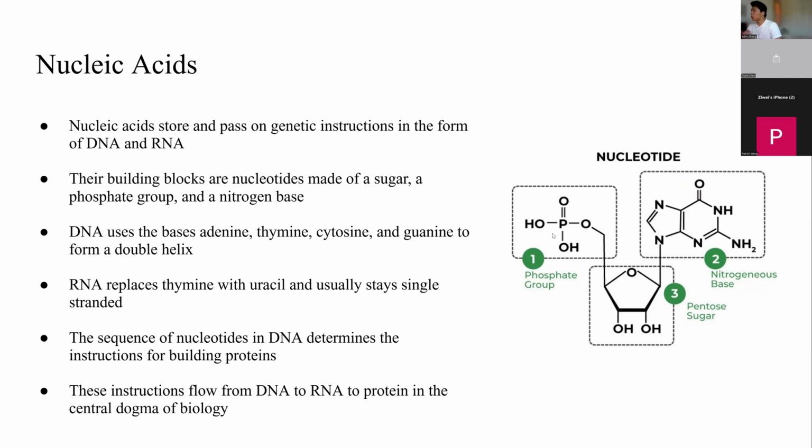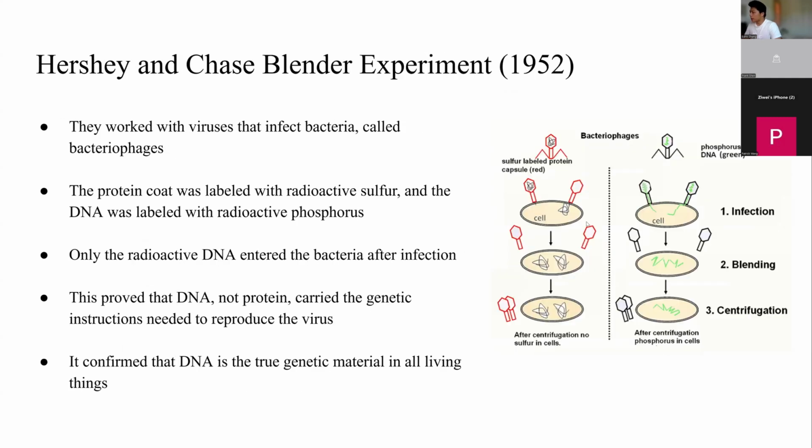So if we put labels onto both of these molecules, and we allow the bacteriophage to infect the cell with its genetic information, we can then look at the cell and tell whether the radiation was coming from sulfur or from phosphorus.